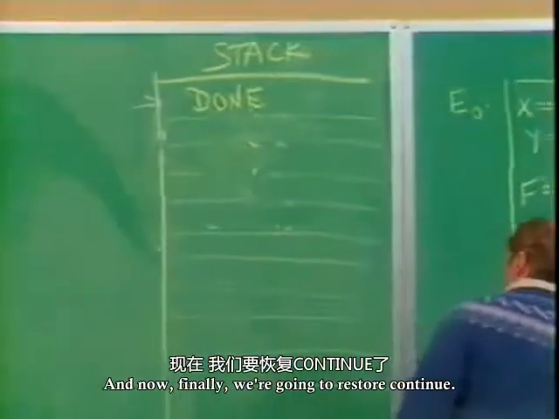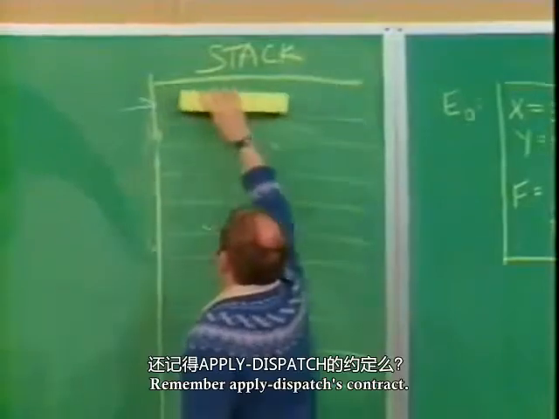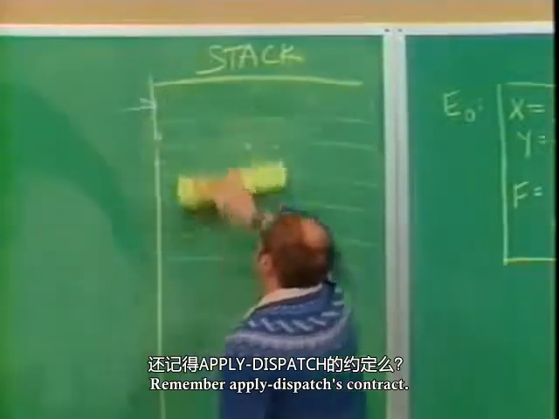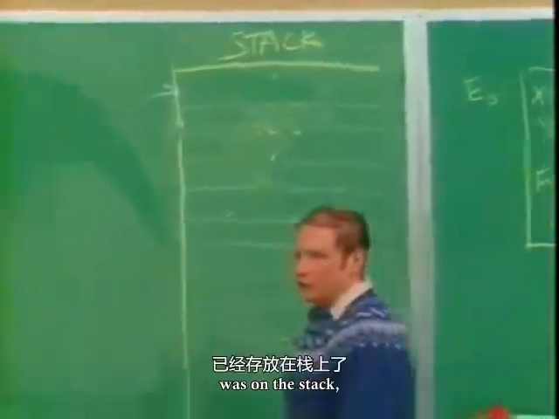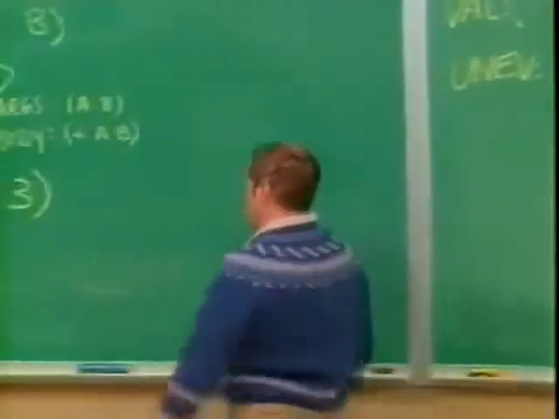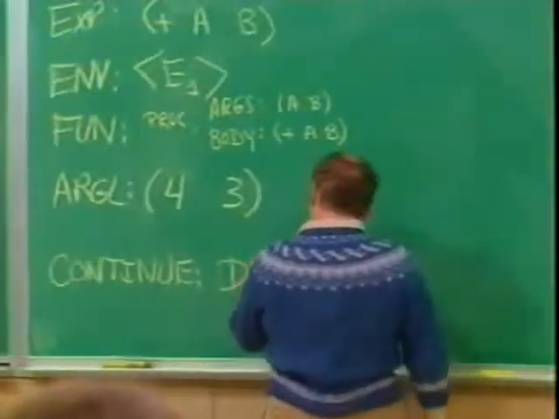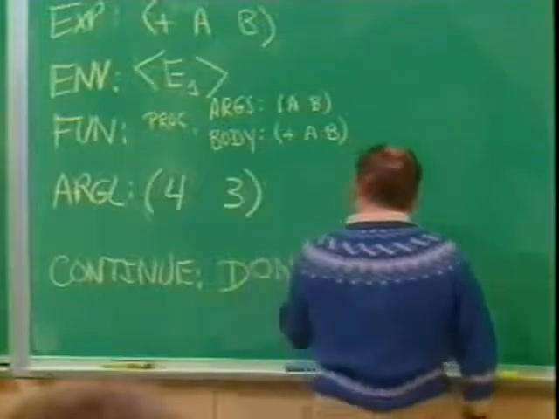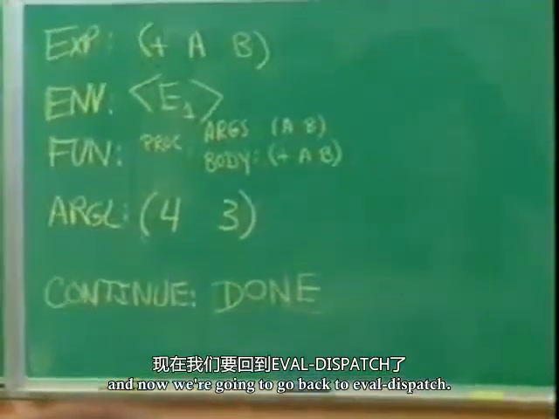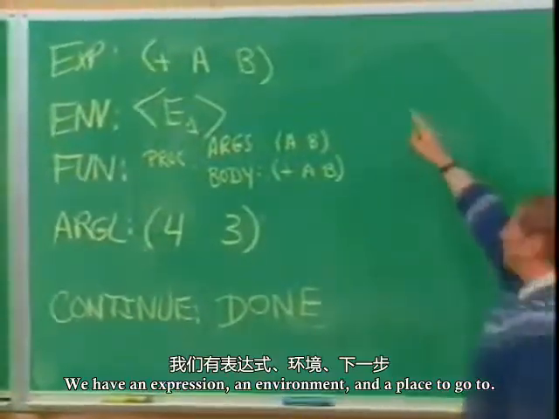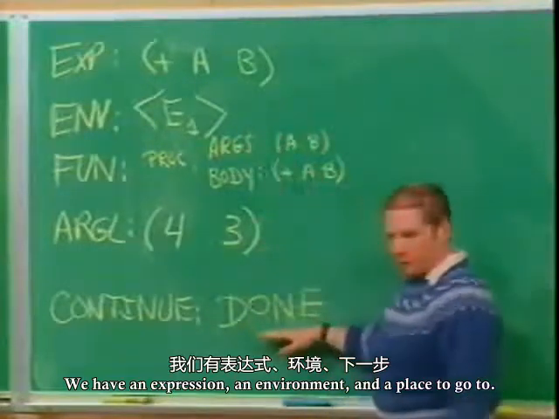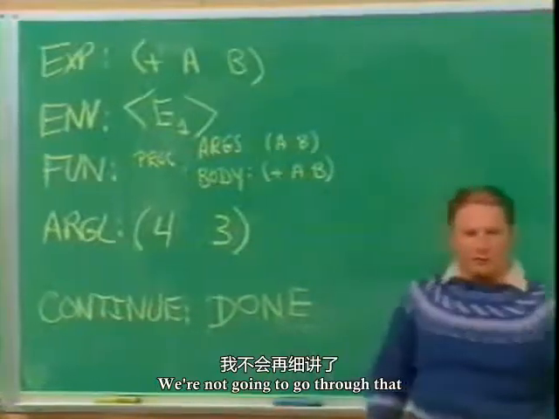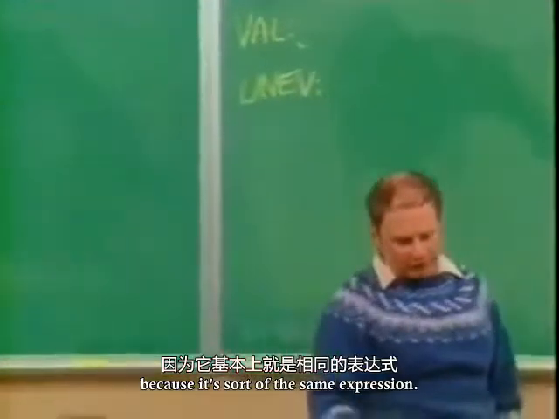And now finally, we're going to restore continue. Remember, apply dispatch's contract: it assumes that where it should go to next was on the stack, and there it was on the stack. Continue has done. And now we're going to go back to eval dispatch. We're set up again. We have an expression, an environment, and a place to go to. I'm not going to go through that, because it's sort of the same expression.